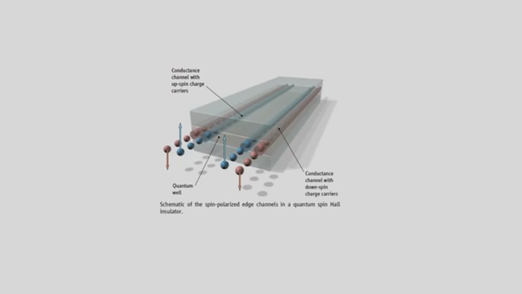So, at each of the transverse edges of the sample, that is these two edges which are, say, respectively right and left, instead of one edge mode, there are two edge modes at each edge, and one corresponds to upspin and the other corresponds to the downspin. Okay, and so these are shown by these red dots and the blue dots, and the spin directions are also shown, and these are called helical edge modes.